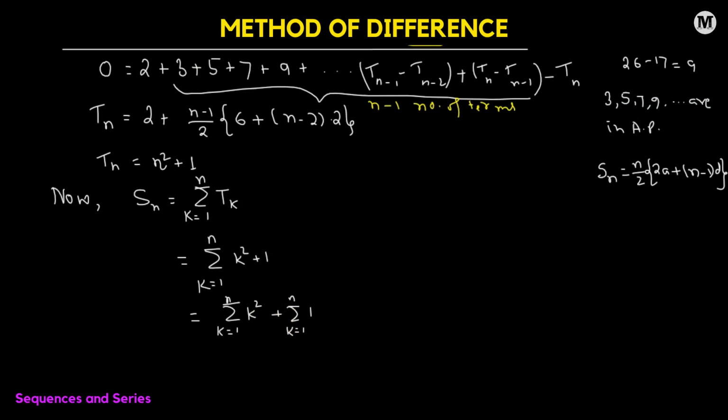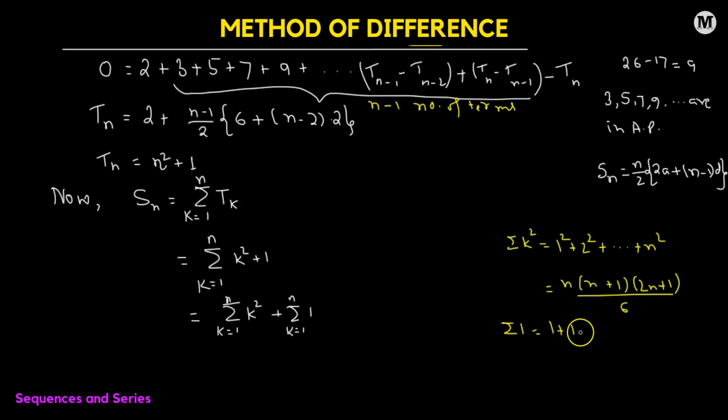Now what is the summation of k squared? It's simply the sum of the squares of the first n natural numbers. That means this can be expressed as n times n plus 1 multiplied by 2n plus 1 whole divided by 6. And then we have the summation of 1, so that's actually 1 added to itself up to n terms. Or in other words, this is simply 1 multiplied by n, which equals n.